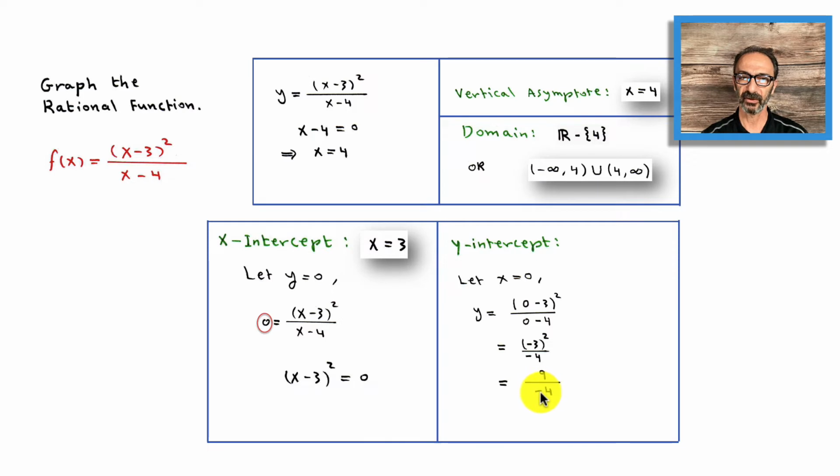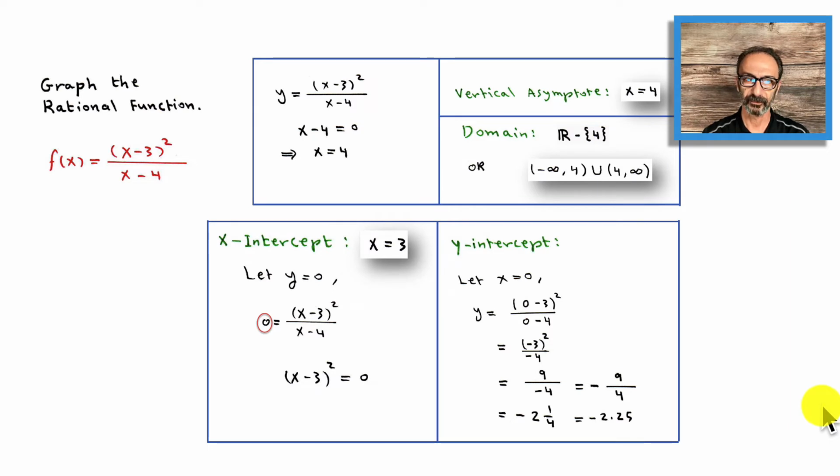We don't like the negative to stay down. It's not wrong, but let's put it outside. And without reaching for the calculator, how many 4s inside 9? There are 2 4s and 1 remainder out of 4, or 1/4. As a decimal, because we're going to be graphing, negative 2.25. That's my y-intercept.